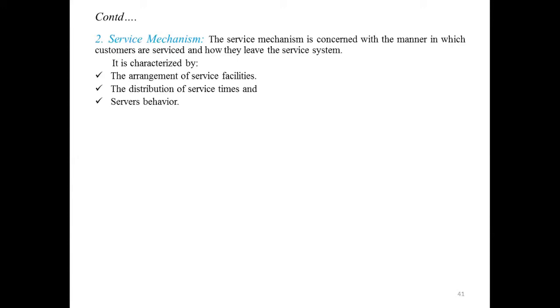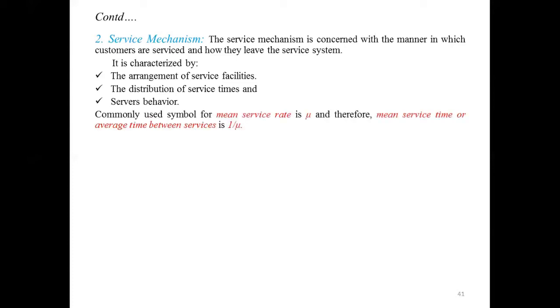One is the arrangement of service facility, how the service facility is arranged. The next, distribution of service time, is the scheduled time to serve the customer, and the behavior of the server. The commonly used symbol for mean service rate is mu. Therefore, mean service time, or average time between services, is 1 divided by mu.